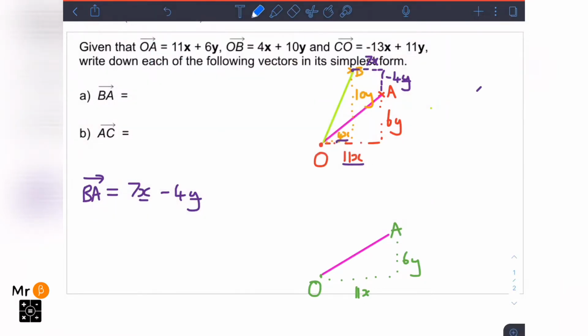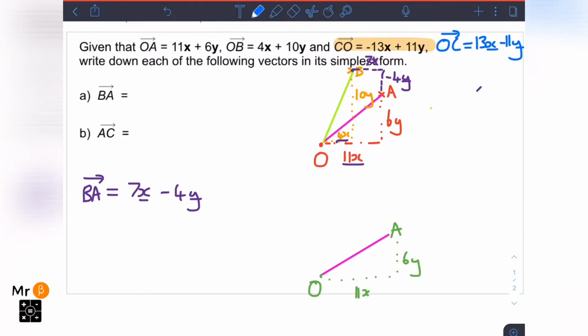And then we've got to look at this part CO. That tells us how we go from C backwards to O. However, we're starting at O. So actually, we need to reverse this. Like before, if you're going the opposite direction, you need to change the signs. So this would actually be positive 13x subtract 11y.